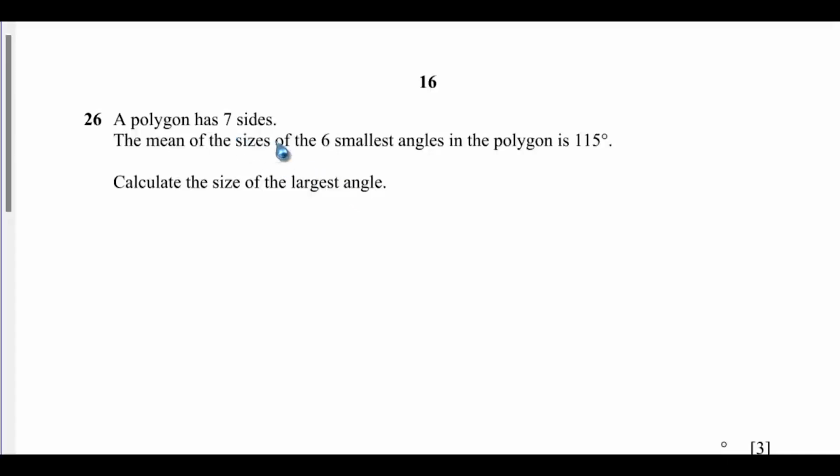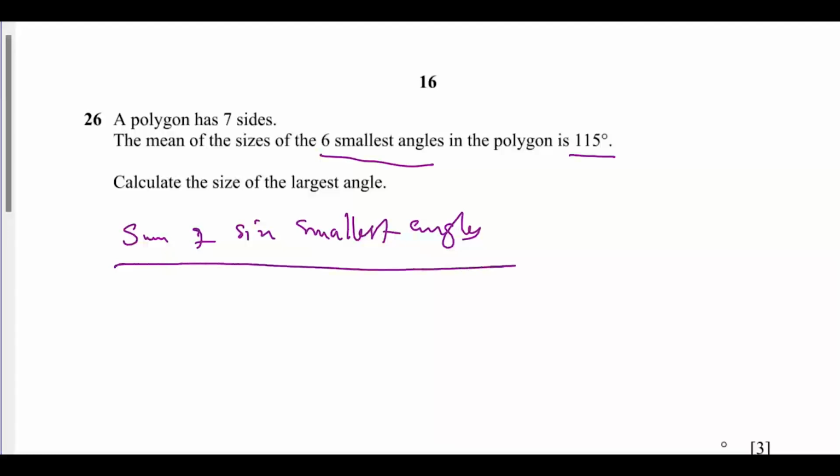So since we have 7 sides, and we are told that the mean of the sizes of the 6 smallest angles in the polygon is this, that means the sum of the 6 smallest angles over the number, that is 6, should give you 115 degrees.